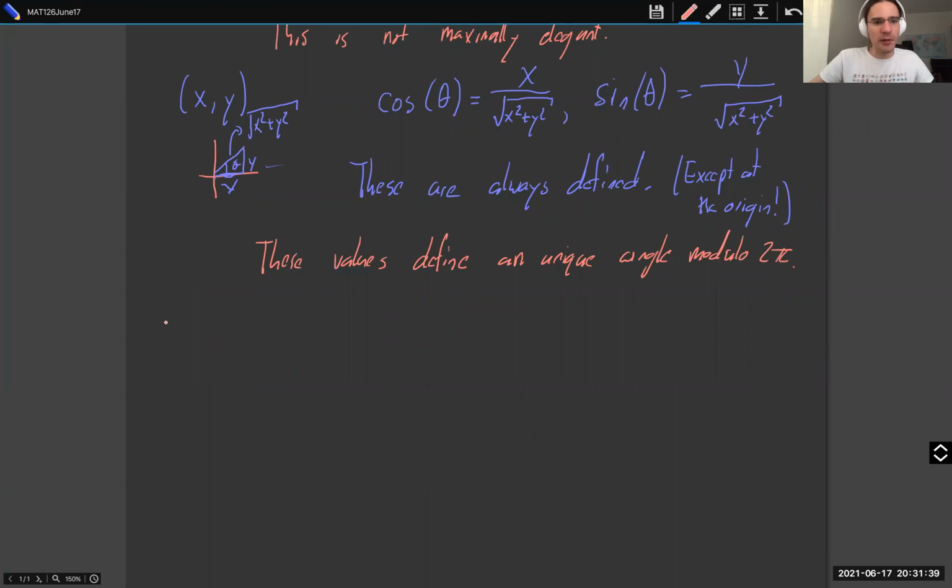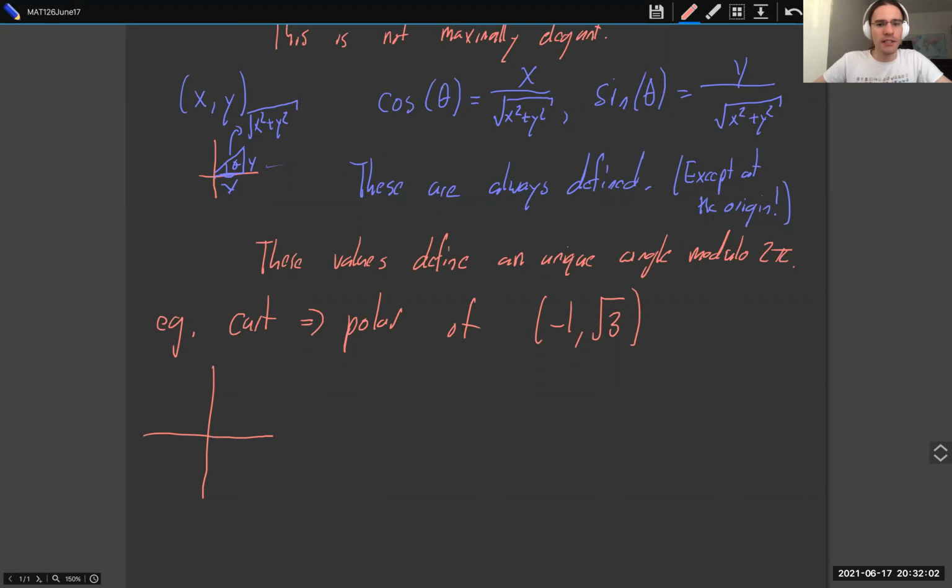So let's do an example. Let's do Cartesian to polar of the point -1 comma √3. If I'm going to plot this point, it's easy to plot Cartesian coordinates. -1, and then √3 is about 1.71.